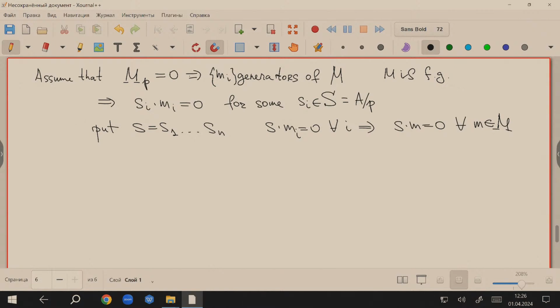So this implies that s_1 through s_n belongs to the annihilator of M, and at the same time it is not a trivial element, because it is a product of elements that do not belong to P. Of course, in a ring with zero divisors, a large product of elements could be 0, but notice that this is not equal to 0, because since each s_i doesn't belong to P, it is an element in the multiplicative set.